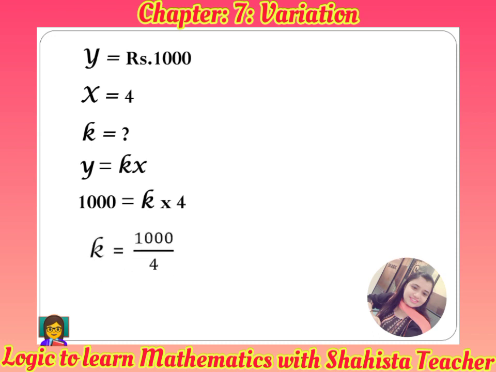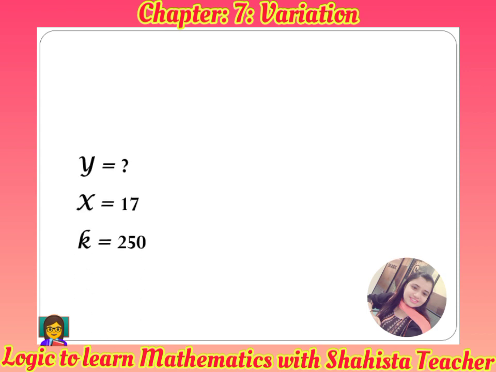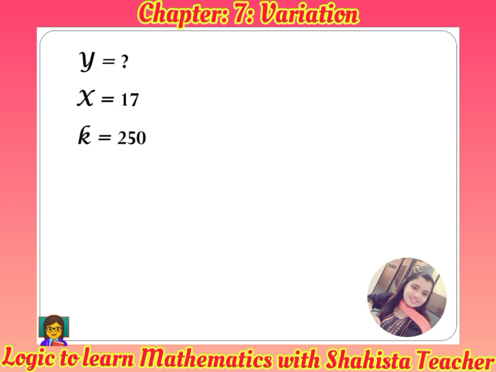So 1000 is equal to k multiplied by 4. k को आपको साइड में लेना है, यहाँ पर 1000 को डिवाइड करना है 4 से, you get here k is equal to 250. Is that clear? यानी कि 1000 को आप 4 से जब डिवाइड करते हो तो 4 × 250, we get here 1000. So after division we get here 250. So k is equal to 250. Okay, so constant value मिलती है 250.